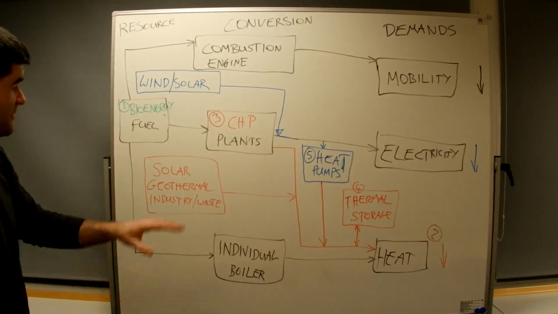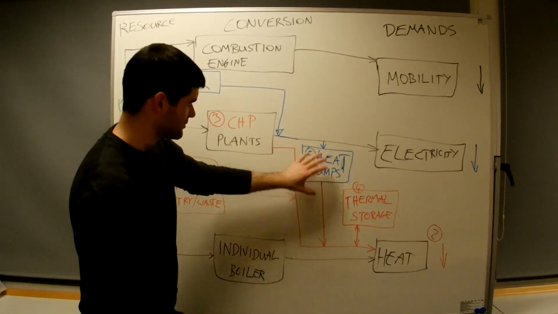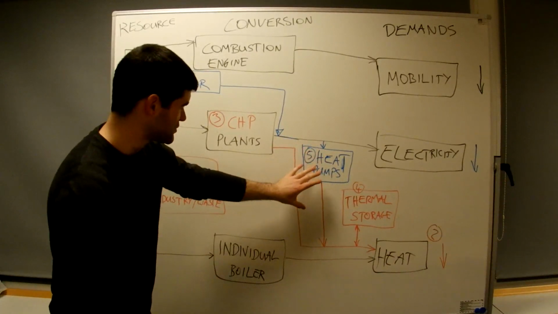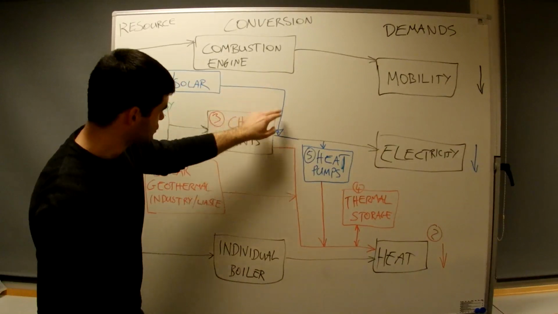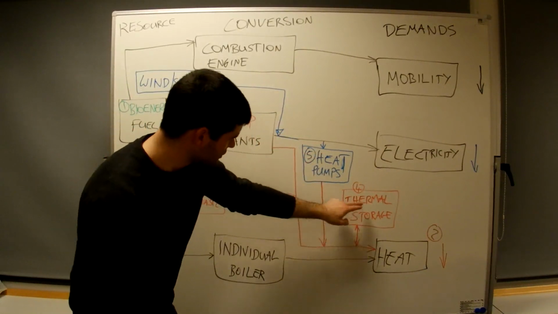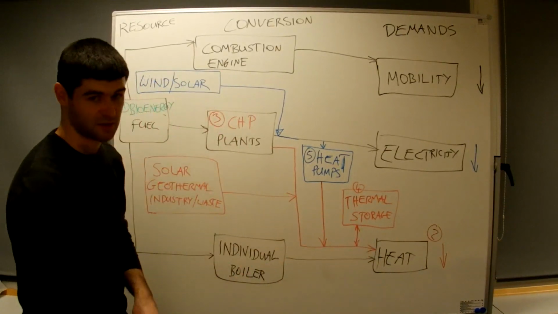Now this is extremely important because not only have I introduced a very efficient way of producing heat, I've now connected wind and solar directly to thermal storage via the heat pumps producing heat on the district heating system.